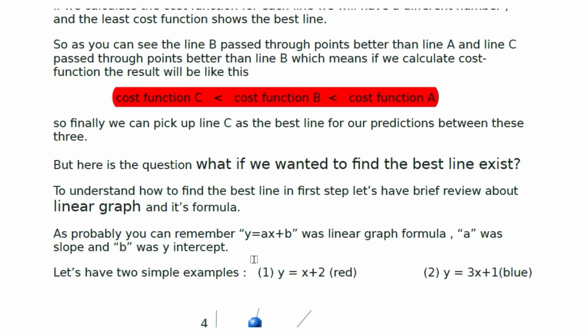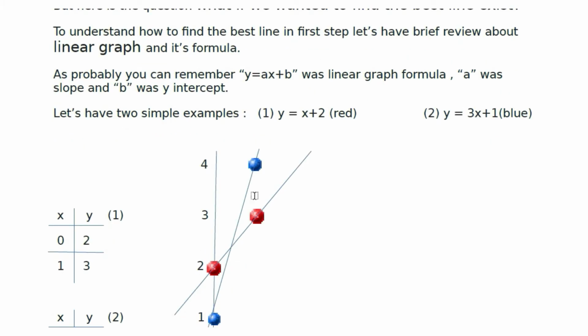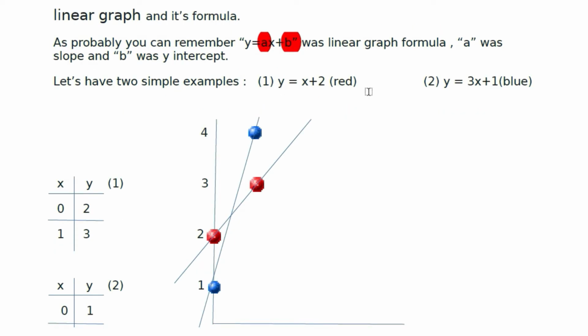Let's review about linear graph. As you remember, this is a linear graph formula, and A is the slope of the line and B is y-intercepts. Now let's look at these two formulas. As you can see, they are the same, but the difference is A and B. Here A is 1 and here A is 3. Here B is 2 and here B is 1.